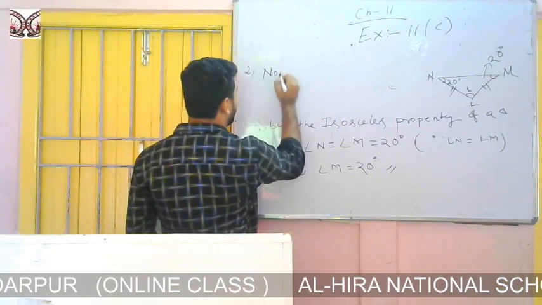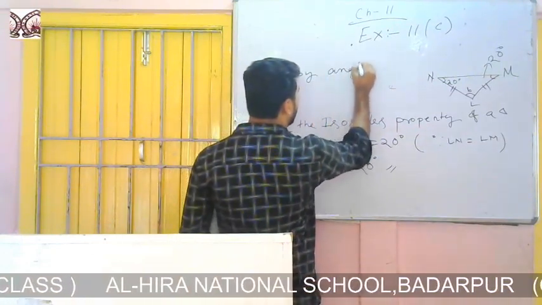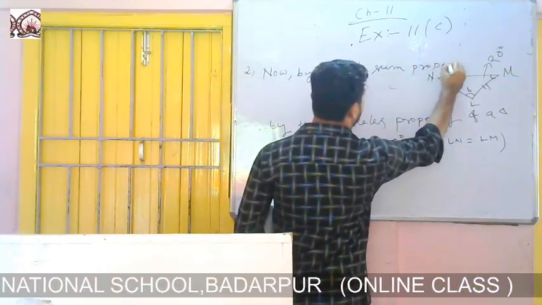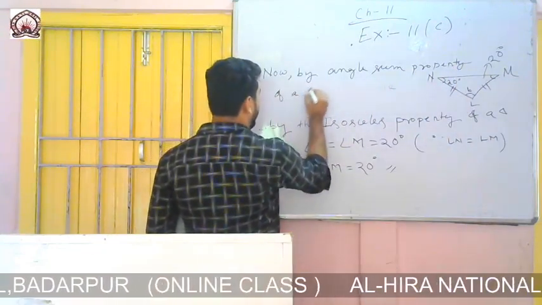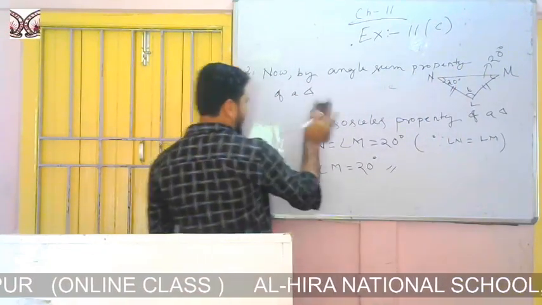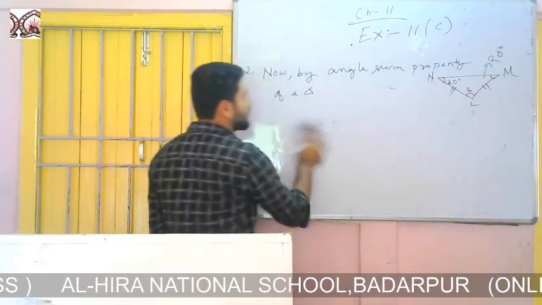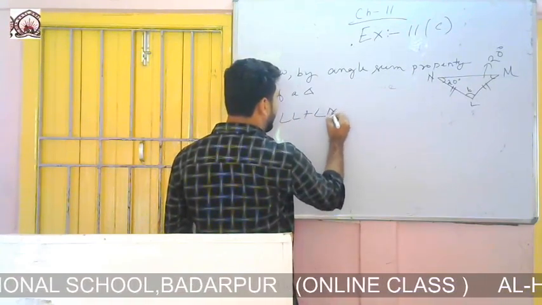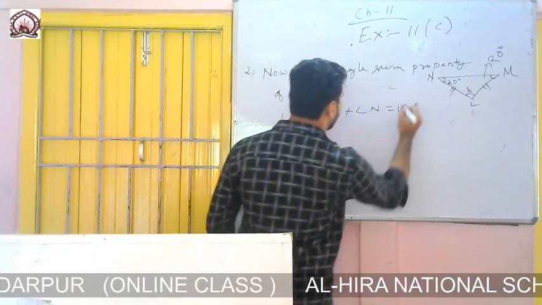Now by the angle sum property of a triangle, we have angle L plus angle M plus angle N equals 180 degree.